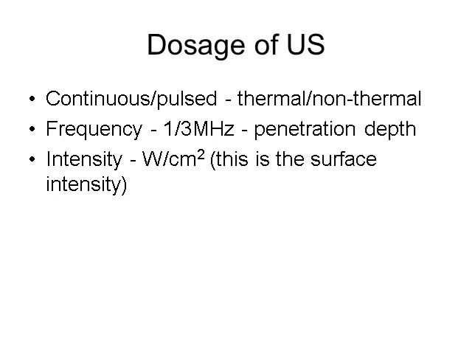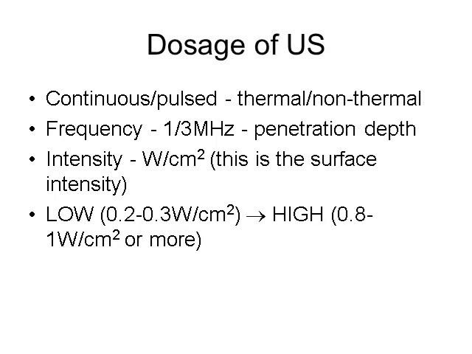The intensity of treatment is described in watts per centimeter squared and related to the intensity applied at the skin surface. Low intensity is considered to be roughly 0.2 to 0.3 watts per centimeter squared, and high intensities are anything above 0.8 watts per centimeter squared.